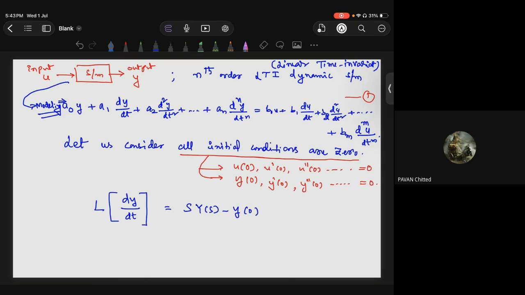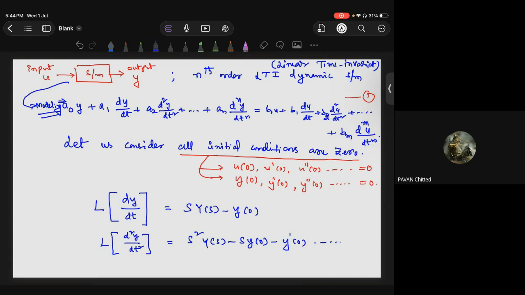Similarly, we could write the Laplace transform of d square y by dt square. Can anyone tell me what this is? s square y of s minus s y of 0 minus y dash of 0. Am I correct? So in general, we could write the Laplace transform of d n y by dt n.